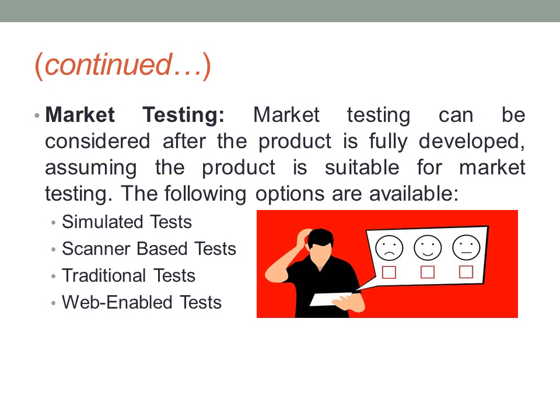Different types of tests can be conducted here. Usually the options are: number 1, simulated test; number 2, scanner based test; number 3, traditional test; and number 4, web-enabled test.